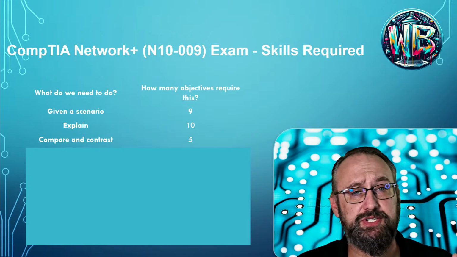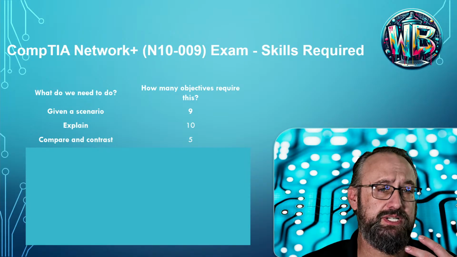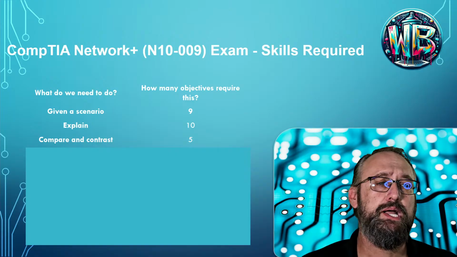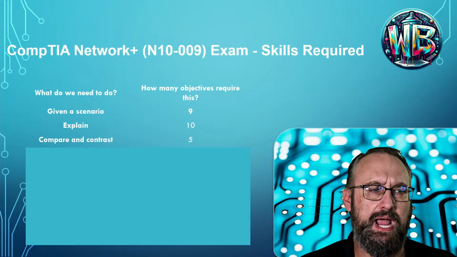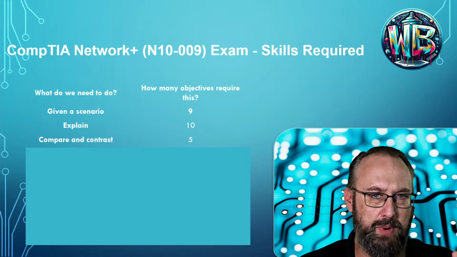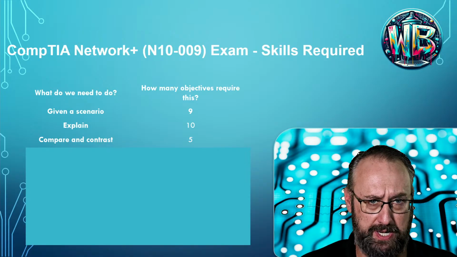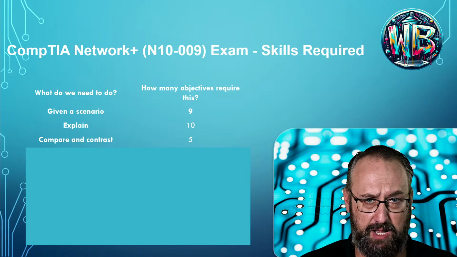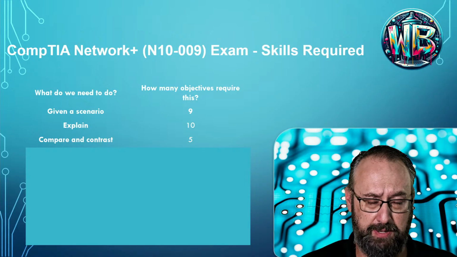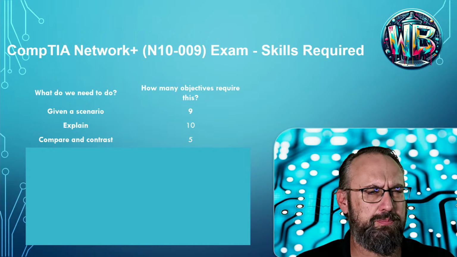Compare and contrast comes up a lot too. And when we look at compare and contrast, a lot of times this is going to be in things like your network concepts. To give you an example, as we go into the individual domains, there is one objective where it talks about compare and contrast common TCP and UDP ports, Transmission Control Protocol, User Datagram Protocol, those ports and the port values.